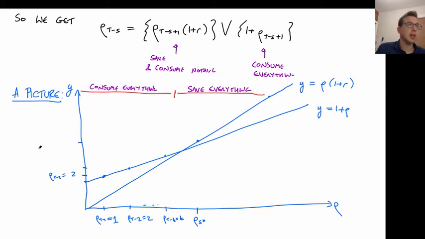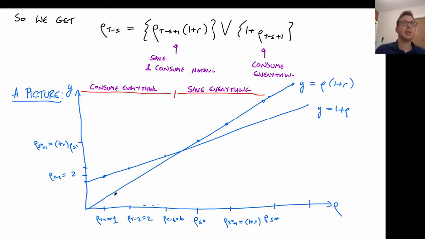And the new point I'm going to get here, rho of S star plus 1, is equal to 1 plus r times rho of S star. Okay, so that's going to be a little bit further out over here. And then it's just going to keep on expanding outwards.